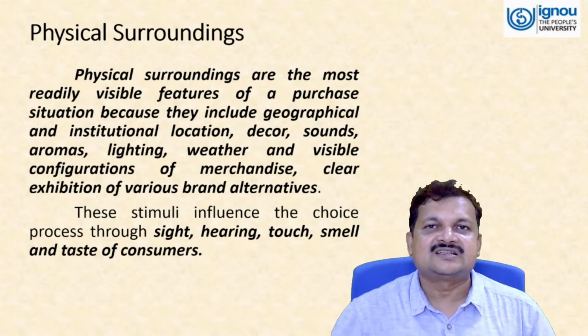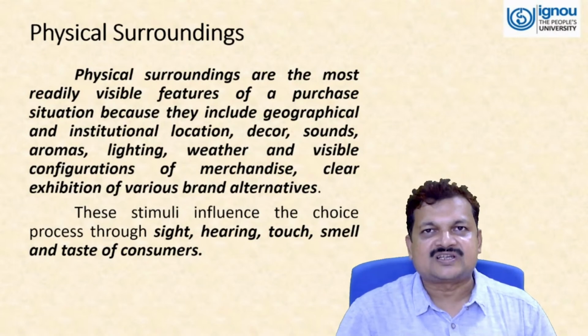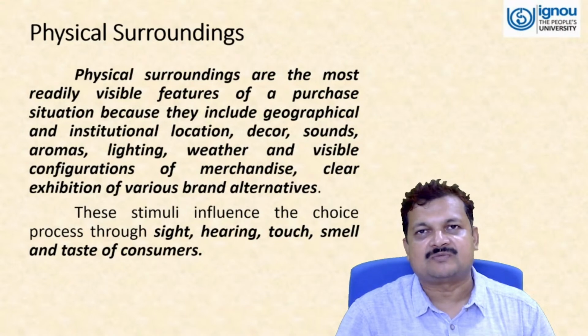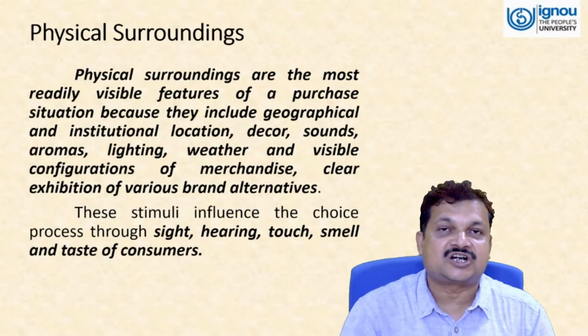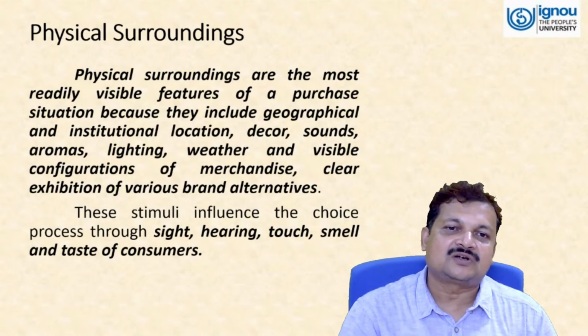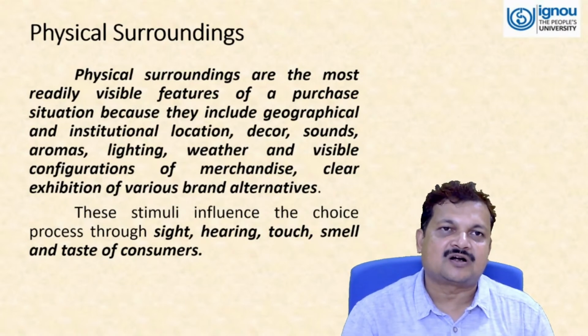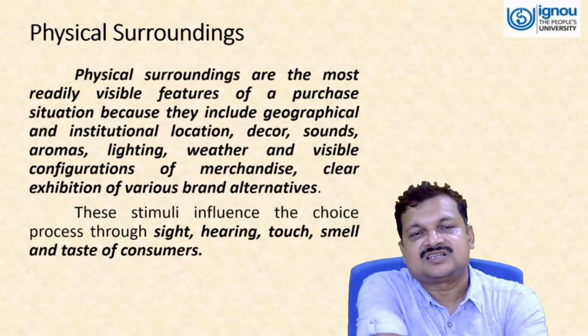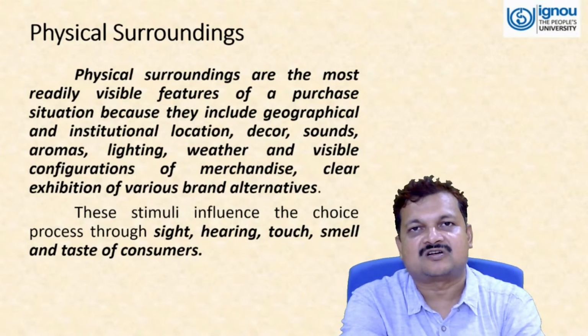So here it is going to affect the five senses of the individual. Sight means how they have kept the product. Hearing means how these people are able to explain and demonstrate this particular product. Touch and feel means you can touch and verify this particular product, see the softness, or see whether the product is polished or shining.